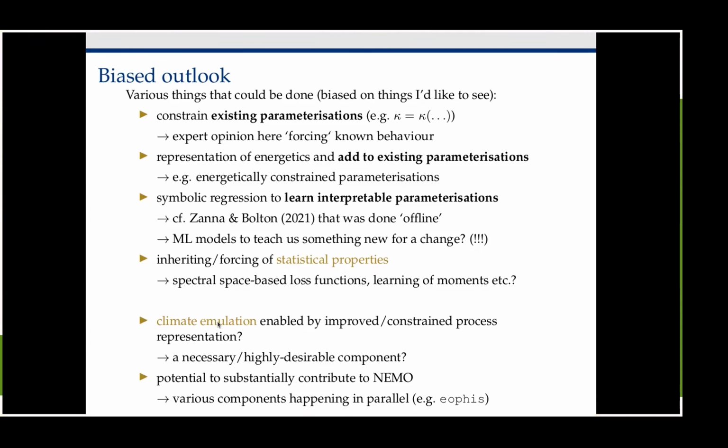If you're going to have emulators trained to do climate emulation, and you're using the climate model output, then if those are flawed, can you really say that much more about the climate emulation itself? So I would argue that a very important part in the improvement of climate projection, and possibly eventual climate emulation, would be to improve or constrain the parameterizations, which helps you to get better behaved models, more accurate models, and less uncertain models.